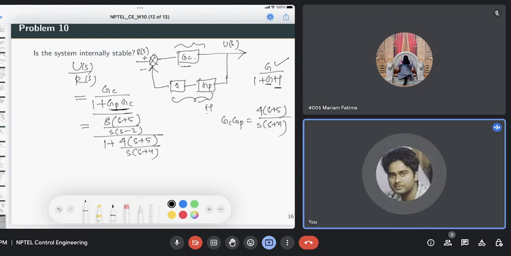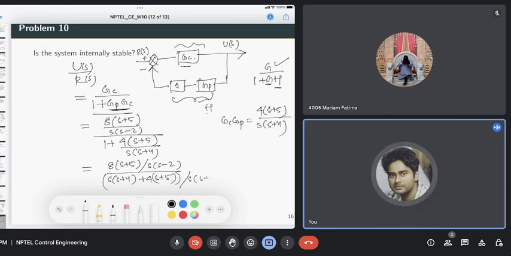Then we just simplify that. So we have 8 into (s plus 5) by s into (s minus 2), divided by s into (s plus 4), into (s plus 5) divided by s into (s plus 4).